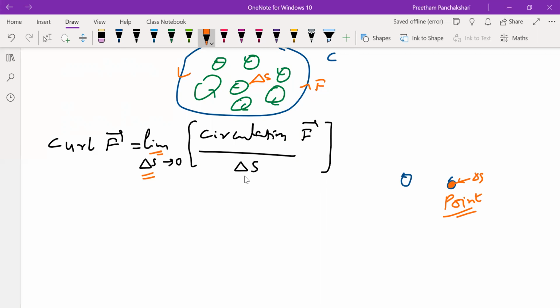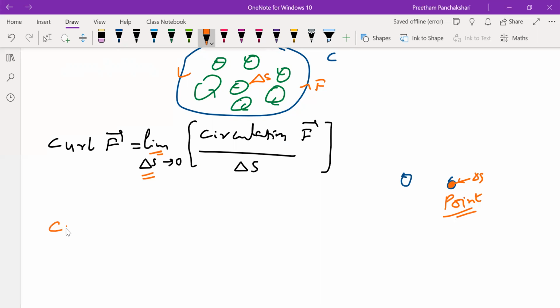Since circulation is taken per unit area, we can call it circulation density of vector F at a point. That means the limit introduces the concept of a point here. Then it at a point is called curl F. That means curl of a vector is simply the circulation density of the vector at a point.